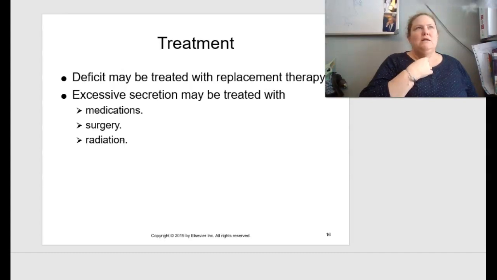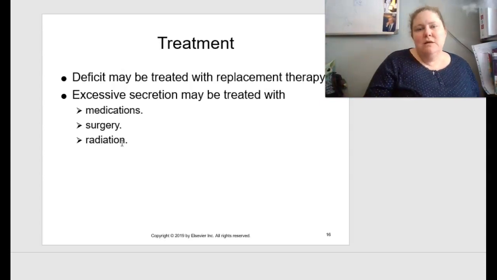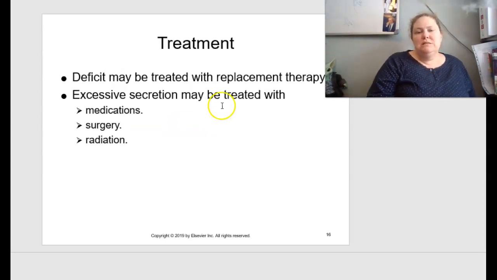Or I had a friend growing up, and they were really short. They had stunted growth. So then they gave them a shot of human growth hormone, and they were able to supplement it, and then he was able to grow to a normal size. If you have too much secretion, this sometimes can be treated with either medications to reduce it, surgery to remove it, or radiation to kind of kill that area that's acting up.